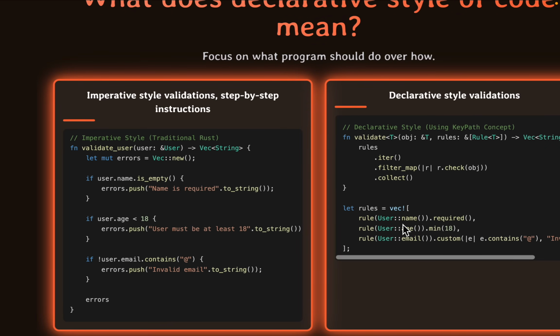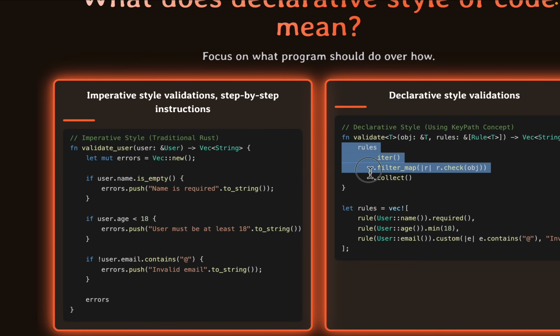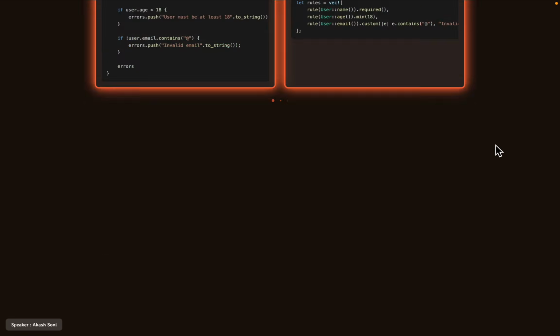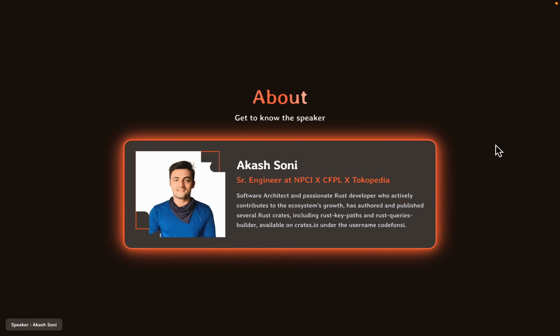And this is also a hint that we can run this code in parallel. So that's all about Rust KeyPath.